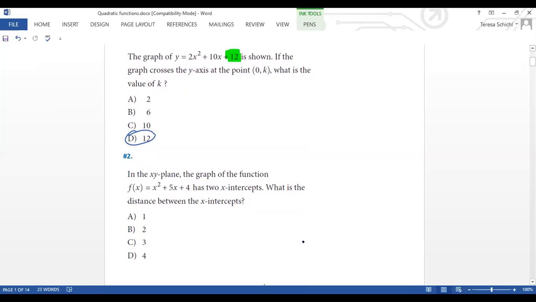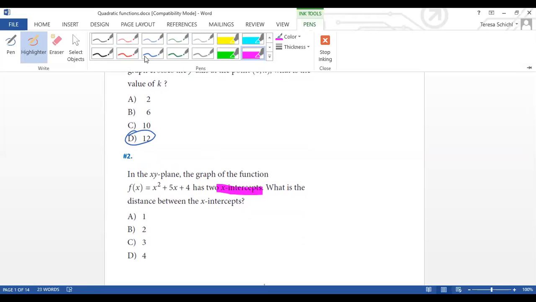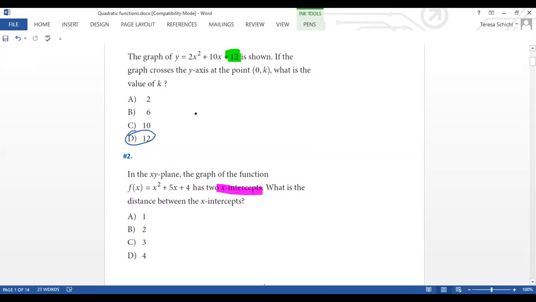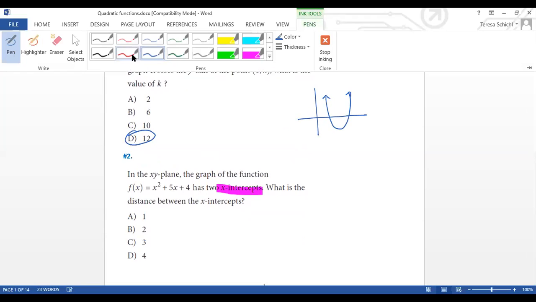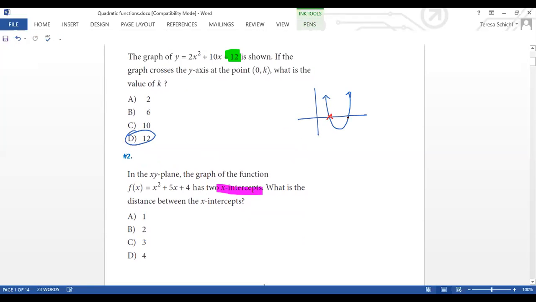Okay, so now number 2. They say the graph of the function has 2 x-intercepts. So what is the distance between these x-intercepts? What is the x-intercept we talked about before? The x-intercept is where your parabola touches the x-axis.